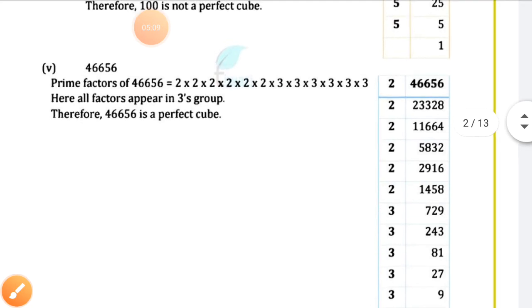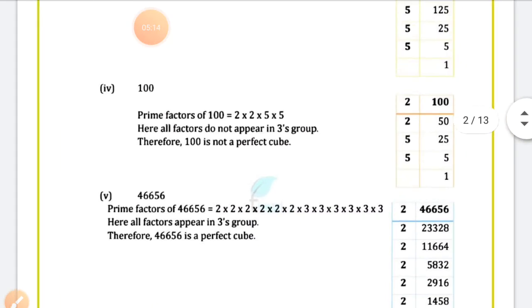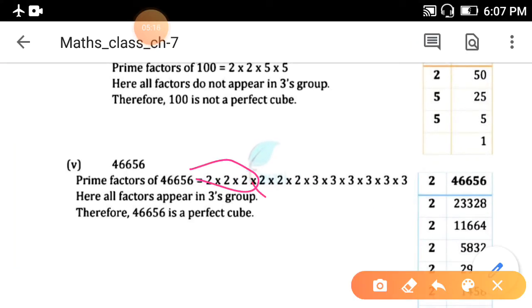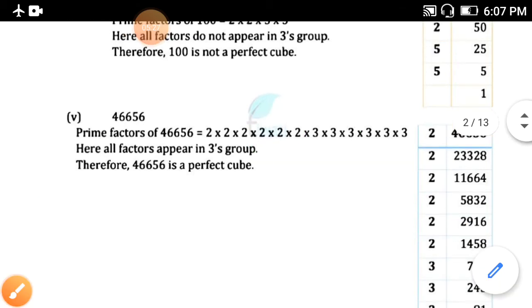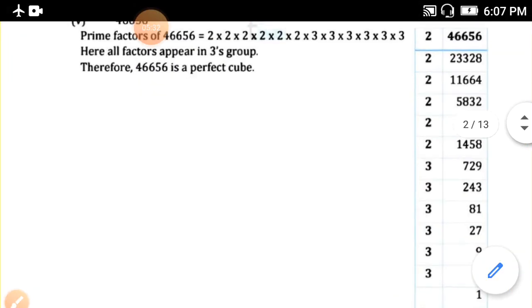Find out the prime factors and check the groups. First 3, this is the second group, third group, and this is the fourth group. All factors appear in 3s groups. That's why the given number is a perfect cube.